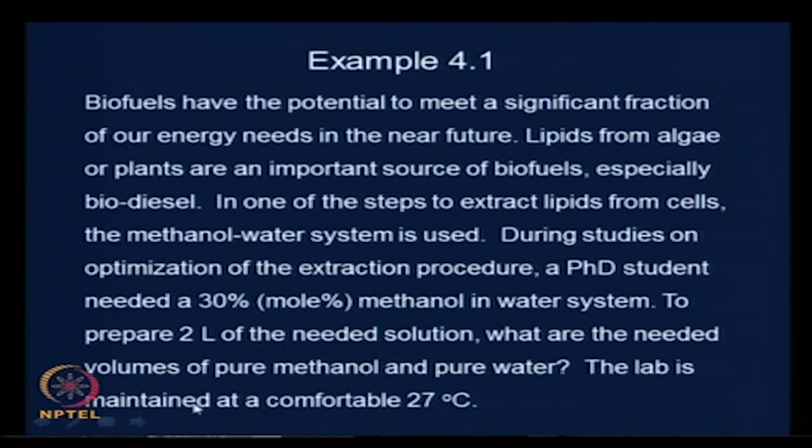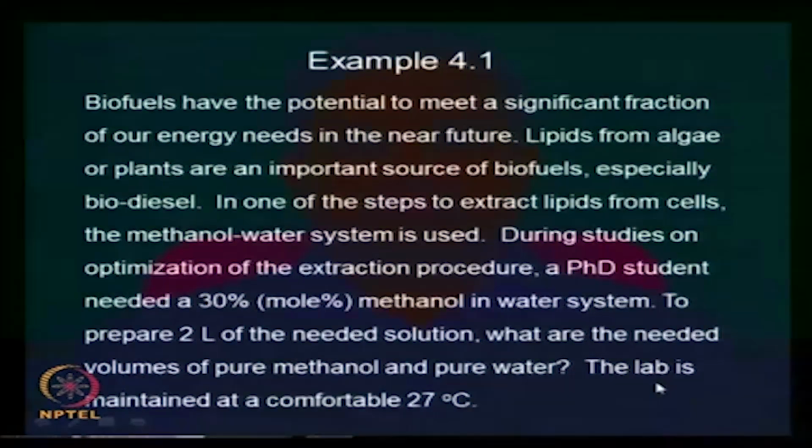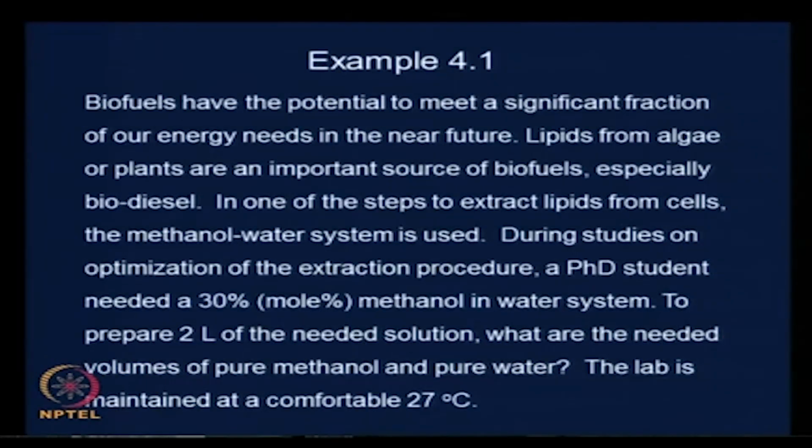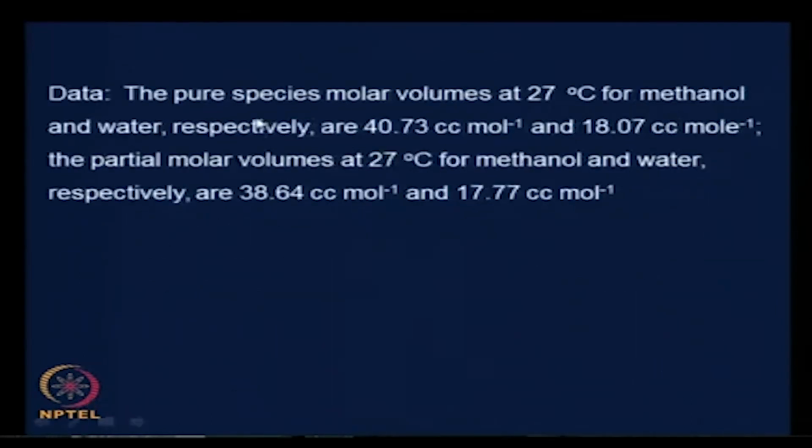What are the needed volumes of pure methanol and pure water? The lab is maintained at a comfortable 27 degrees C. This is a very standard thing that comes about in day to day requirements while working with these kinds of things. And let me also give you some data before going forward.